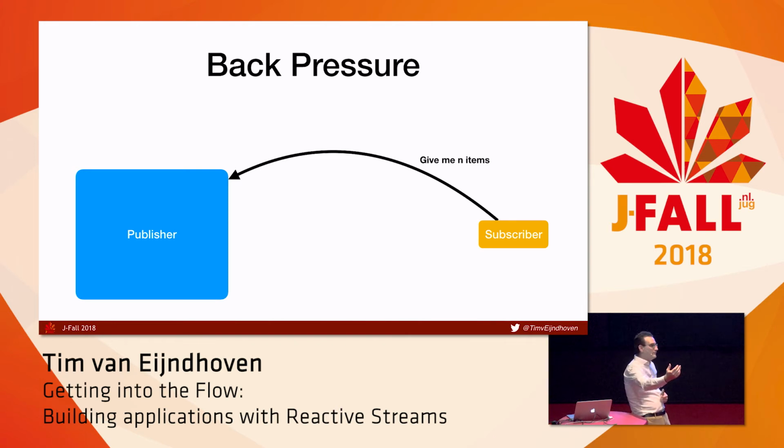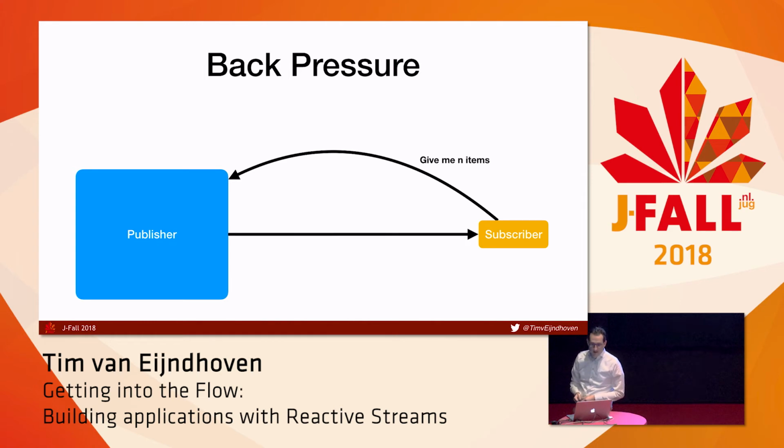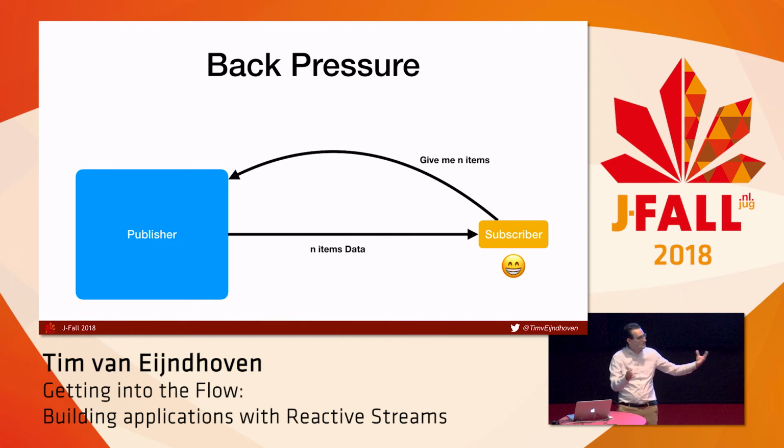I am ready to receive a certain amount of items from you. I have the capacity to process this amount of items now, currently. And then the publisher will send this amount of items to the subscriber. So this allows, well, sort of a negotiation between the subscriber and the publisher in how much data can flow from one to the other.